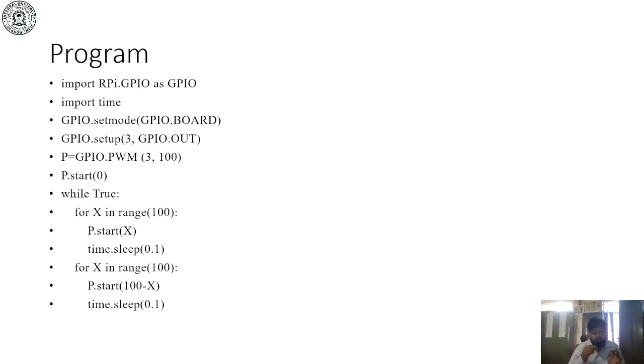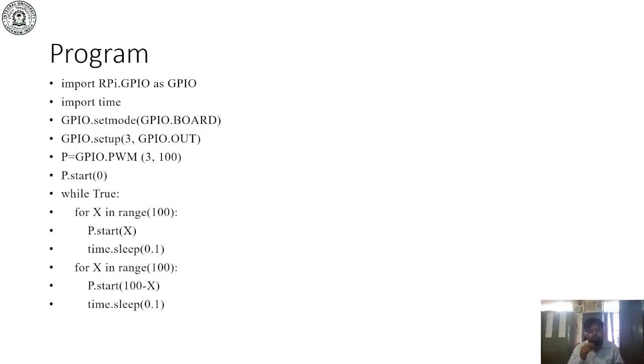Here, if we are using the pins as board pins, we have to tell the Raspberry Pi that we are accessing the pins according to board numbering, not BCM numbering. So that's why we have to set the mode of the Raspberry Pi, whether we are going for board mode or BCM mode.